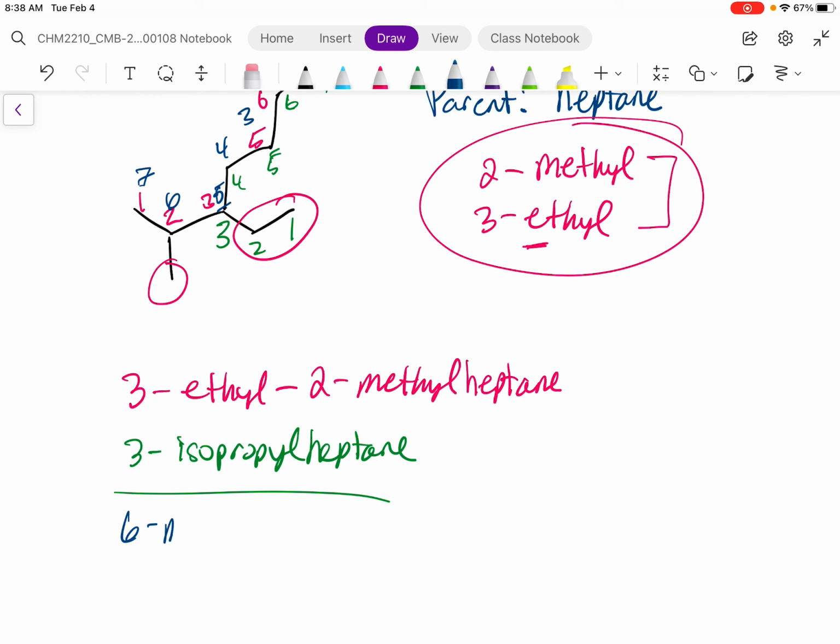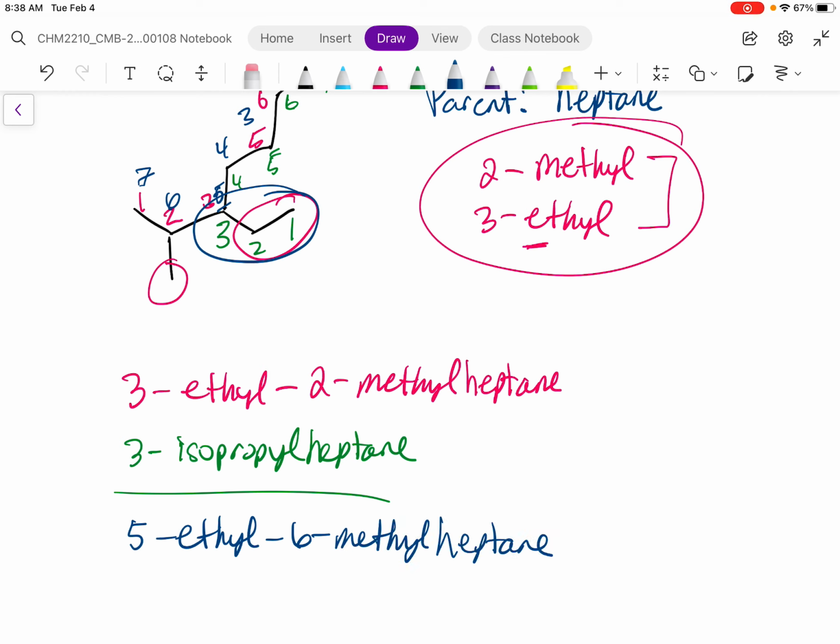So 6-methyl. No, we want to put ethyl first. Darn it. The ethyl is on carbon 5. 5-ethyl, dash, 6-methylheptane. Okay, all those answer choices look right.